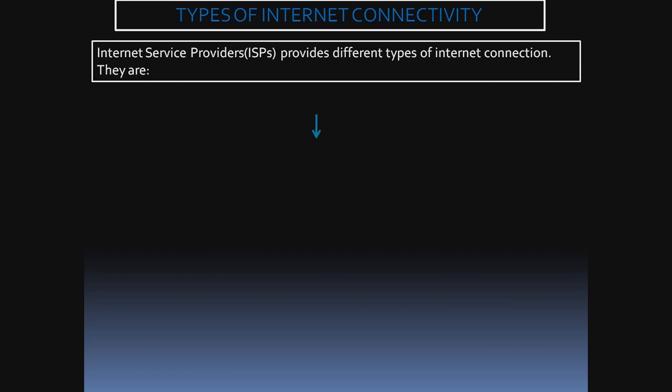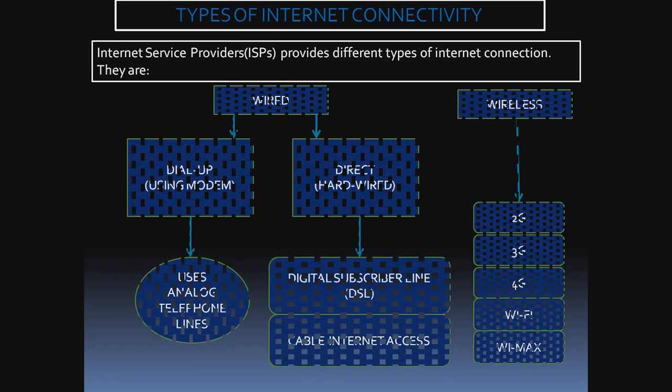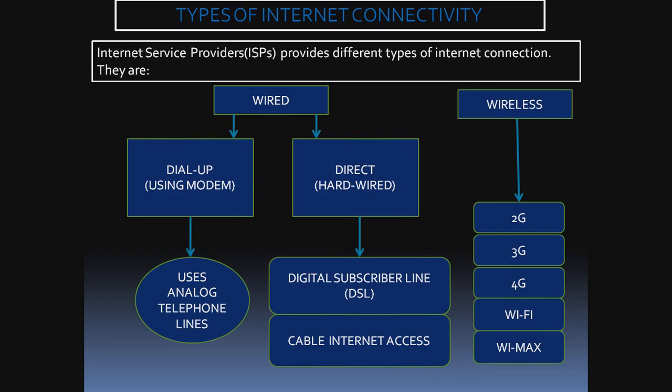So what are the different types of internet connectivity we have in our catalog? See, there are two types of internet connectivity and we can choose one out of them, wired and wireless. Now what do we mean by wired? Wired means it is through cables. So we can use hardwired or dial-up.